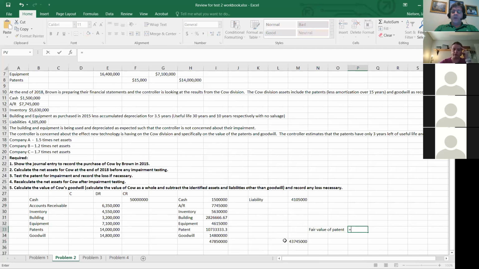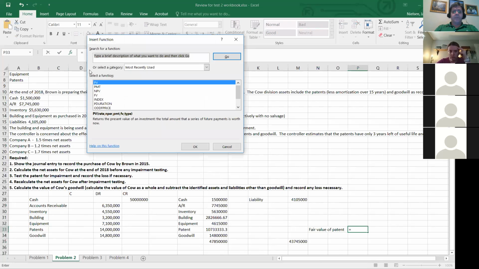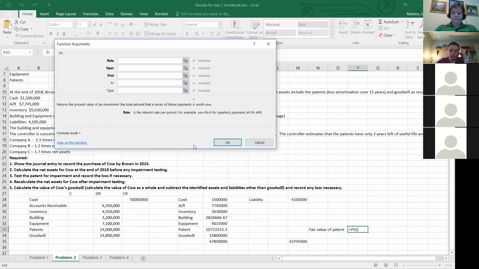And to get the fair value, once we know it's impaired, we use the fair value. We're going to do present value. I want to do it this way so you see it. And the fair value is going to be the rate. What rate did I give you? 10%.